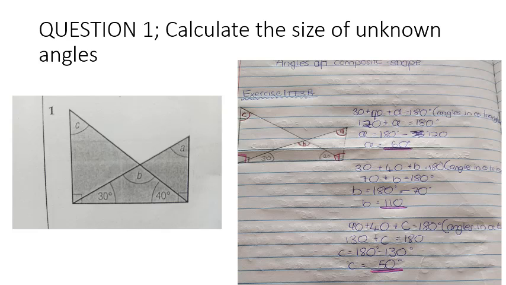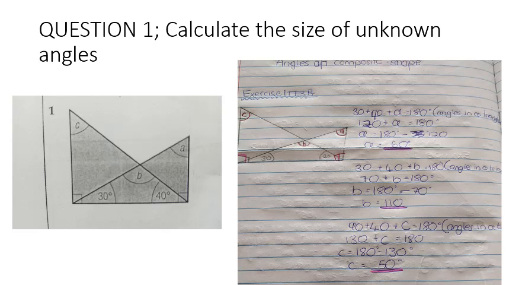Now we are remaining with angle C. If we add C, 40 degrees and 90 degrees, we are going to find 180 degrees, angles in a triangle. So 90 plus 40, the answer is 130 degrees, plus C is equal to 180 degrees. So for us to find the value of C, we are going to subtract 130 degrees from 180 degrees.